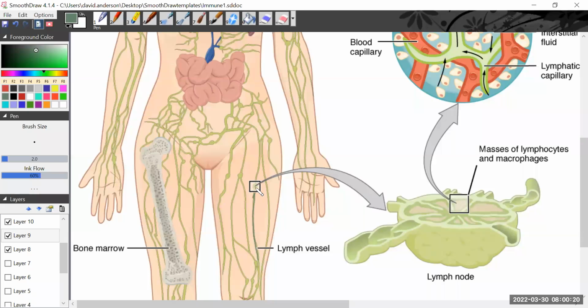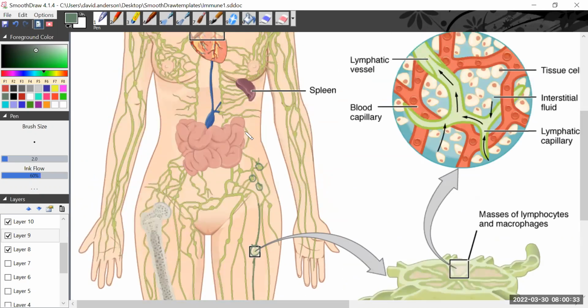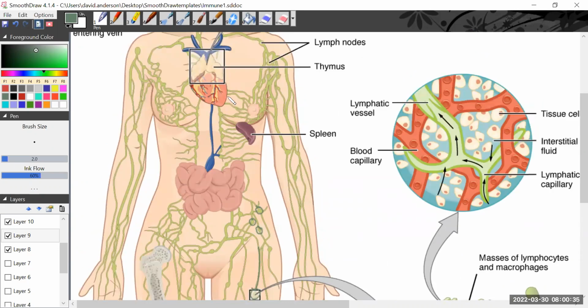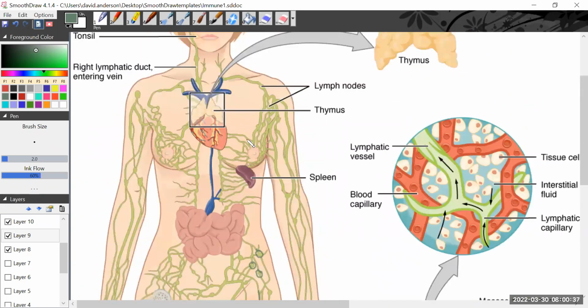And there it's going to travel through a node, and often will be connected to other nodes. Here's an example of some other nodes as they travel back up towards the heart. And ultimately, the lymph vessels will return lymph fluid back to the circulatory system.